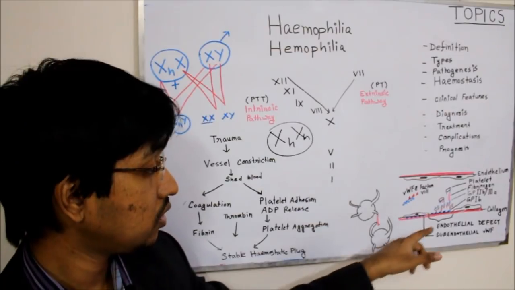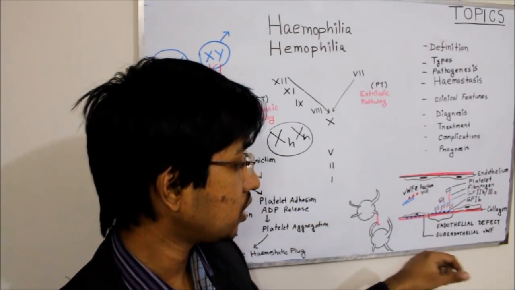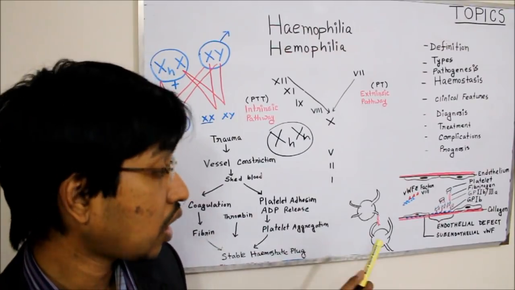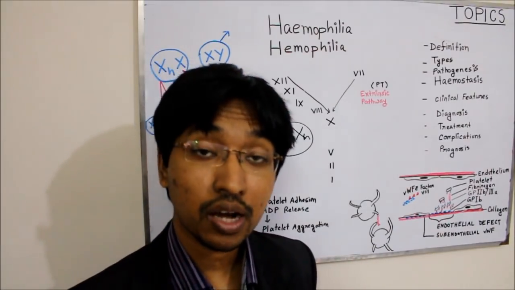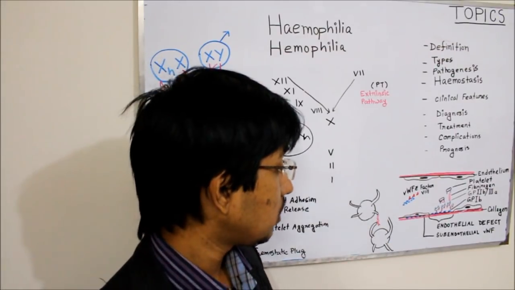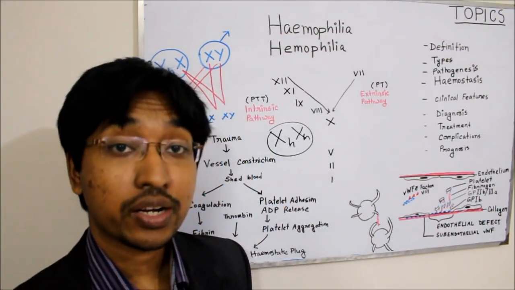Okay, so this part of the blood vessel has been damaged. As you can see, the endothelium has been disrupted, and the von Willebrand factors that were on the subendothelial collagen are now exposed. Then what will happen? They will attract platelets.